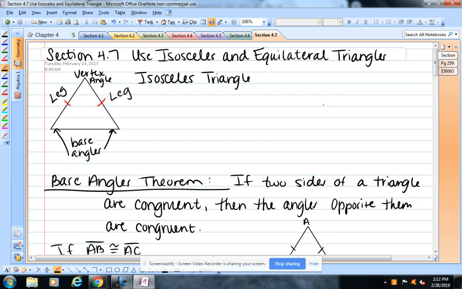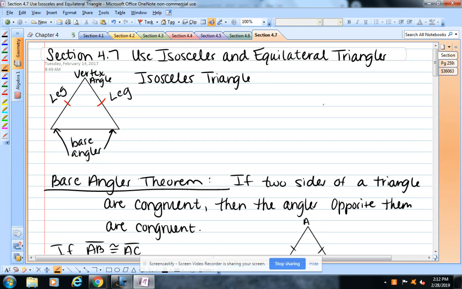Now, what you need to know about isosceles: the 2 congruent sides are called legs, all right? So we got 2 congruent legs, and between the 2 legs is something called the vertex angle. So the angle between your 2 congruent sides of your isosceles triangle is called the vertex angle.